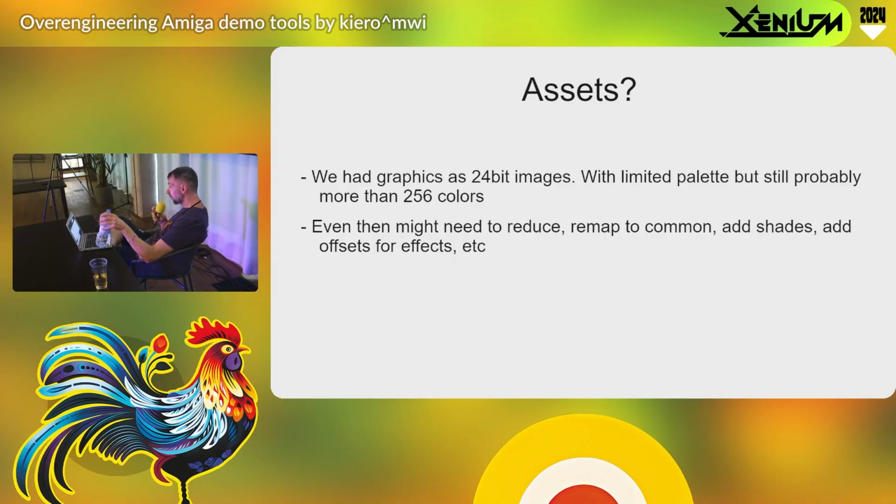So I mentioned the pain points at the beginning, and the second one was how we work with the assets. And while the 3D stuff was simple, the graphics was not that simple. As you are aware, Amiga is 8-bit. You can do some hacks to do true color rendering, but true color rendering on Amiga is slow and nobody really does it anyway.